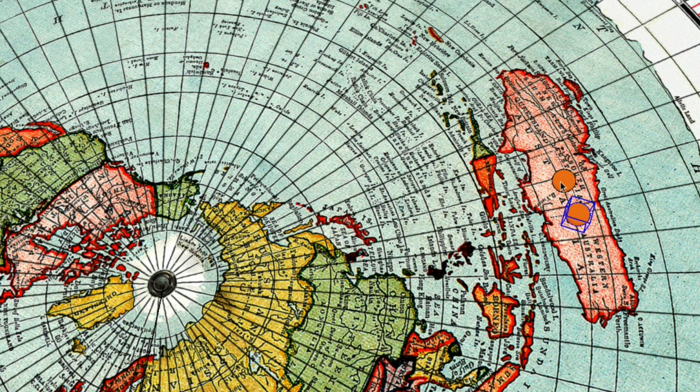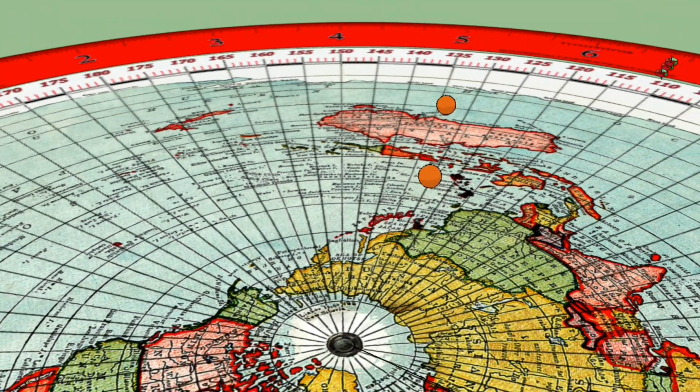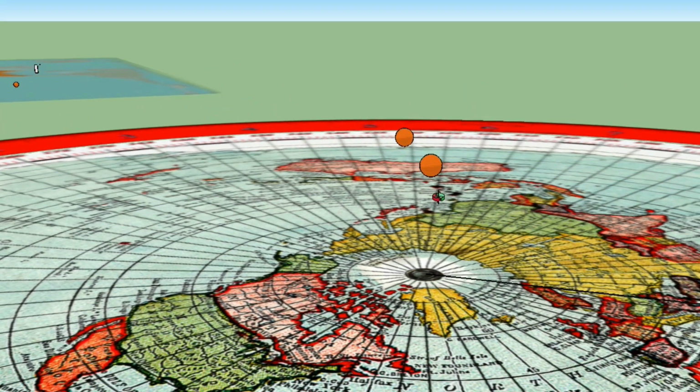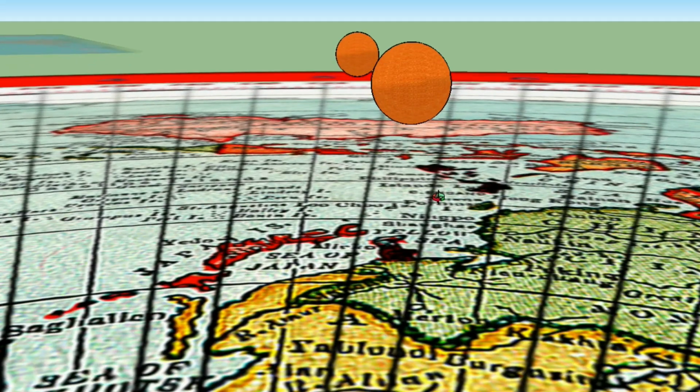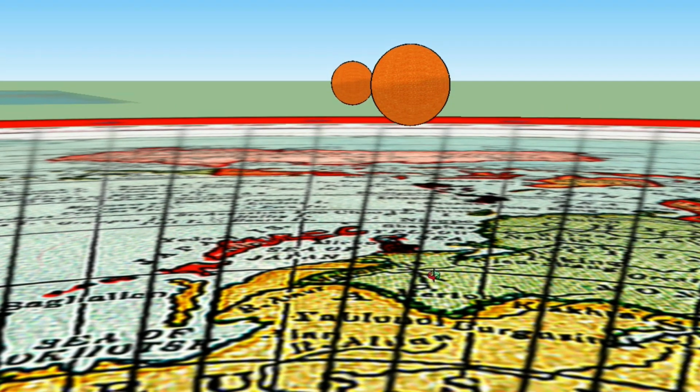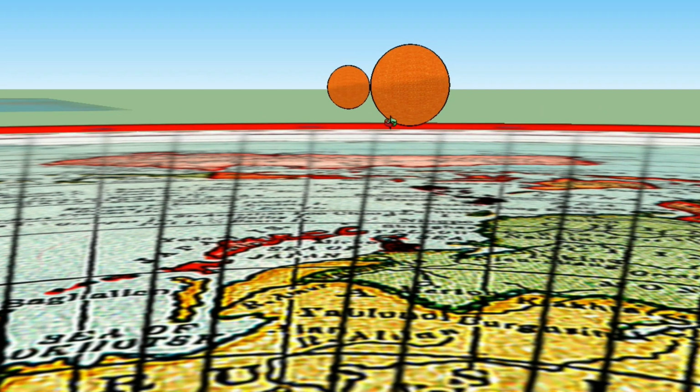Two suns, the same size. One travels over the Tropic of Capricorn and one over the Tropic of Cancer. Observe from the north. Let's say here. Do you see the difference in size, you moron?